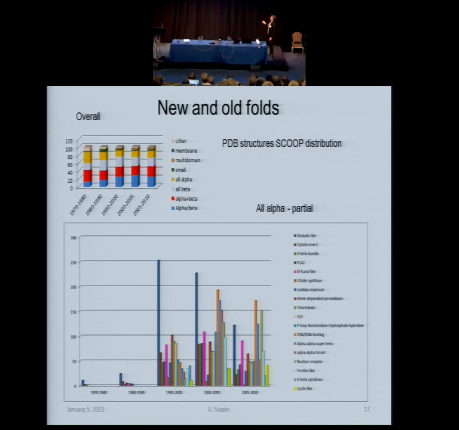If you take one of these families, I did the all alpha, and you dig down, you see within the same all alpha family, there are different folds. But basically, they were all present as of 2000. Everything else, from 2000 on, there is no increase in the type of fold.